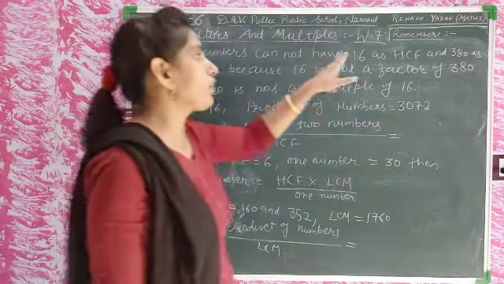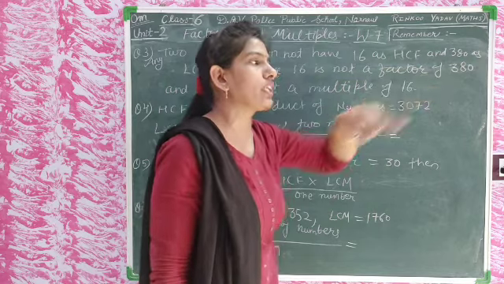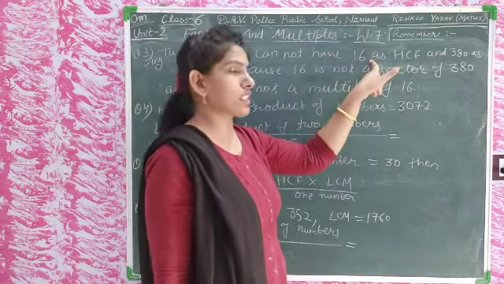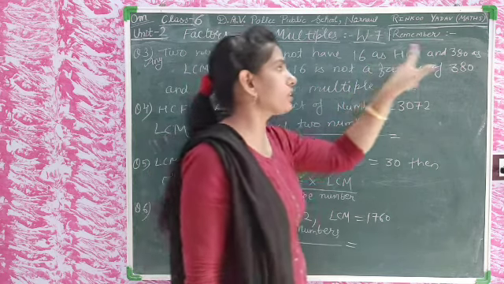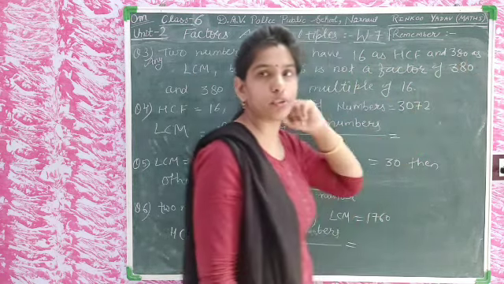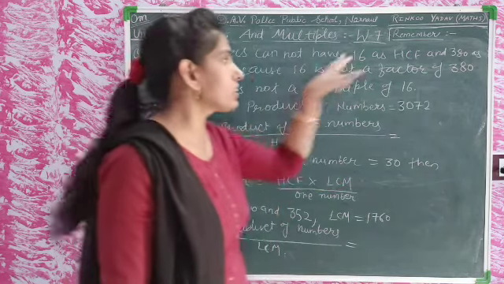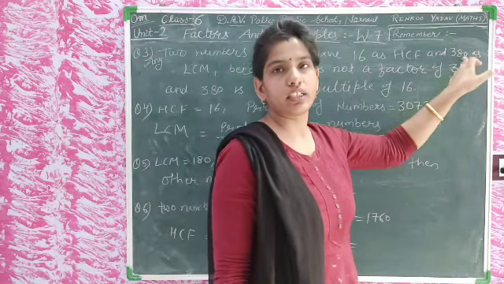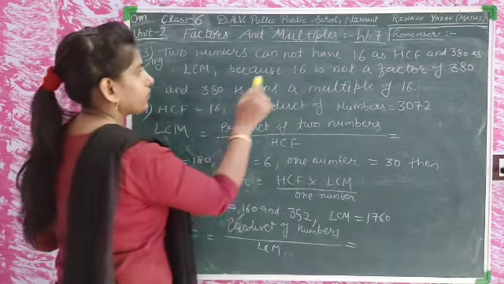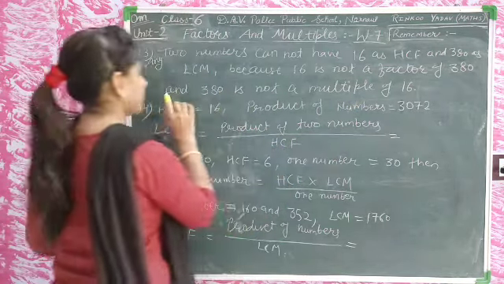Two numbers cannot have 16 as HCF and 380 as LCM, because if the HCF is 16, it must be a factor of 380. But it is not possible because 16 does not divide 380 completely. Okay, students? So 16 is not a factor of 380.